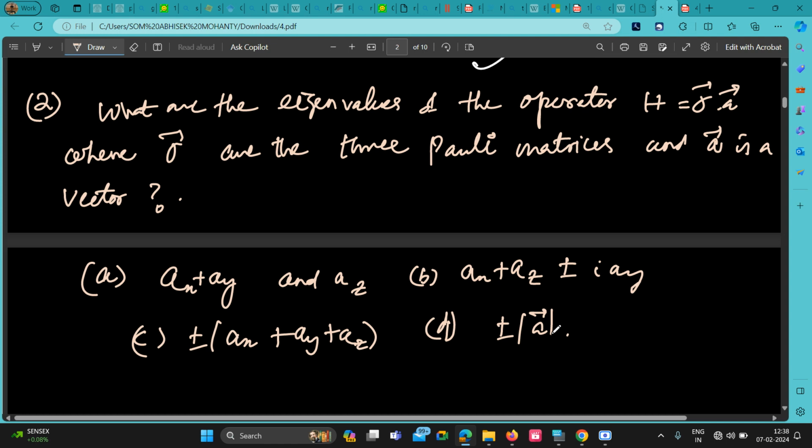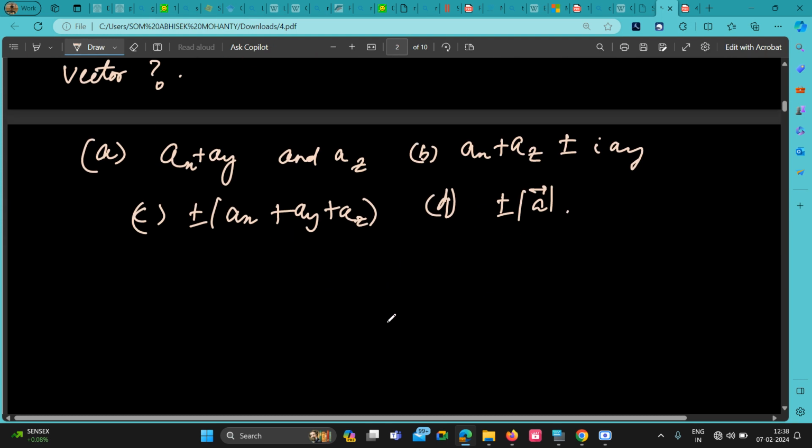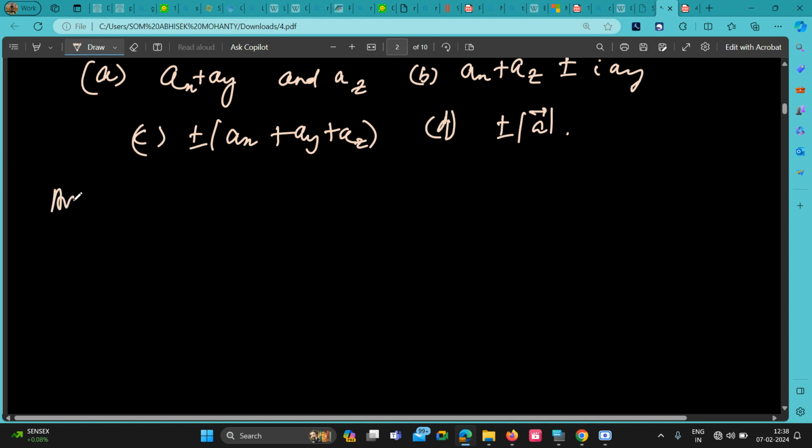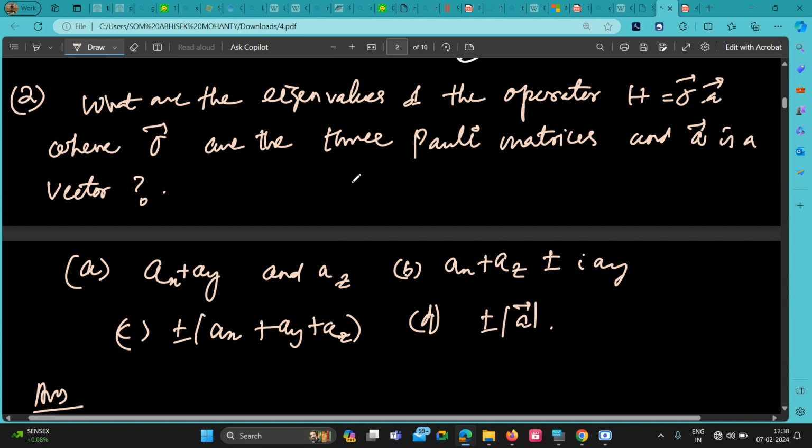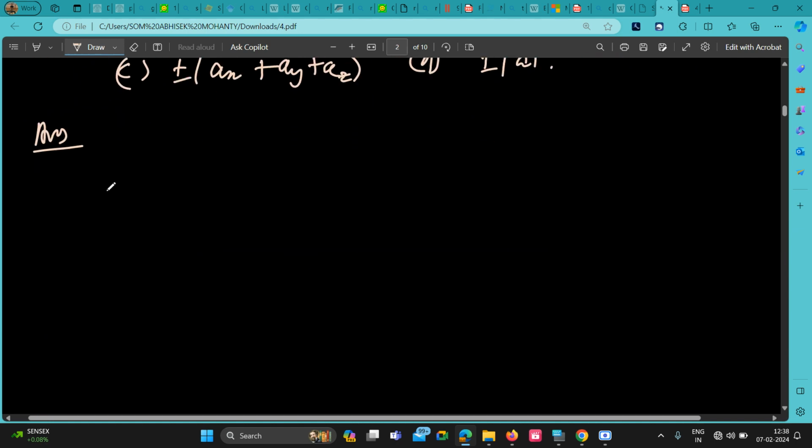What are the eigenvalues of the operator H equal to sigma dot A, where sigma are the three Pauli matrices and A is a vector?